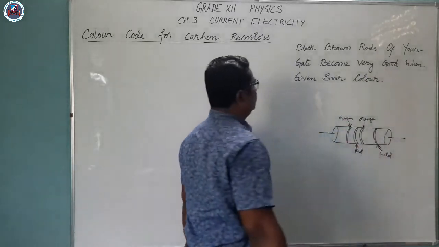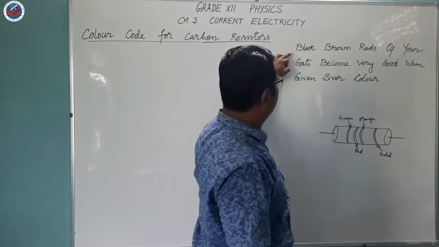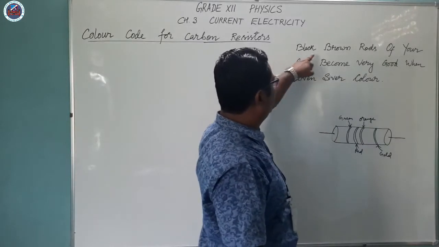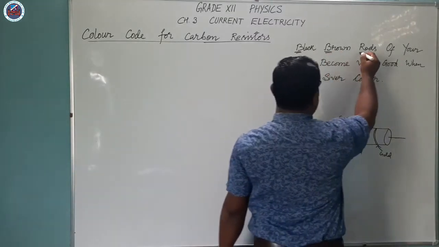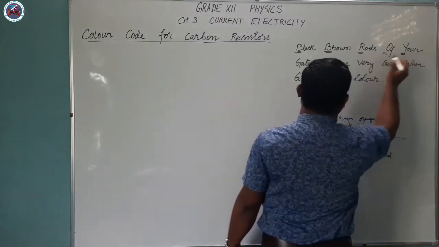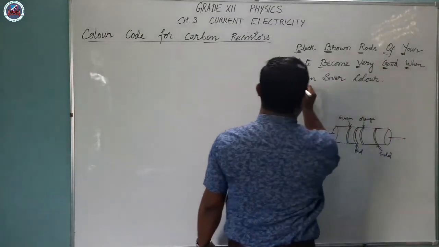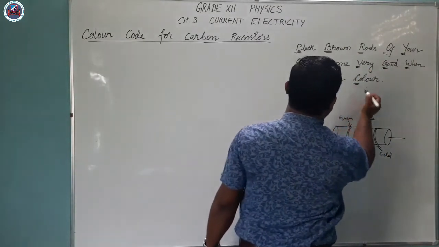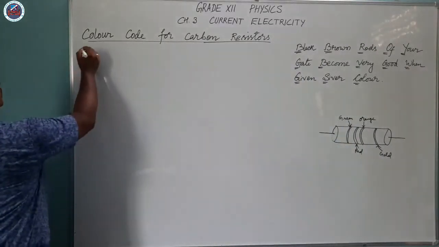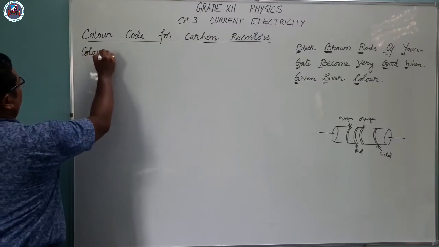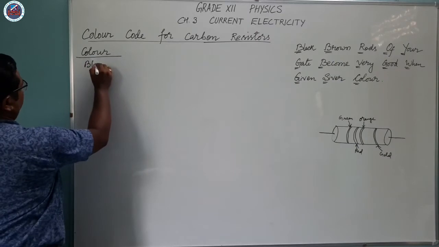If you look at these words, you can see all the words that I have used. I started with block letters. These are the letters that you are going to pick up from here, the first letters from each word. Like this, you have to remember color first of all. First two you can see black, brown.